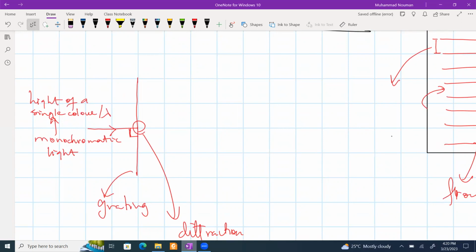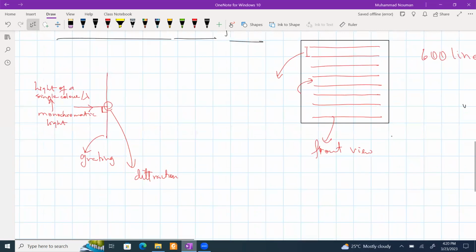Interference, or superposition. So, through this diffraction grating, two processes are taking place: diffraction and superposition, both. And superposition always gives us, as a result, maxima and minima.